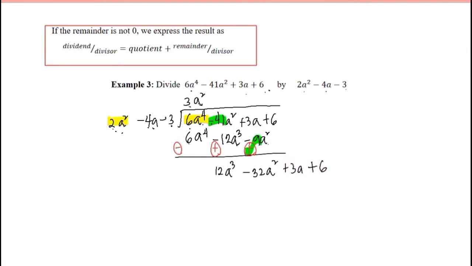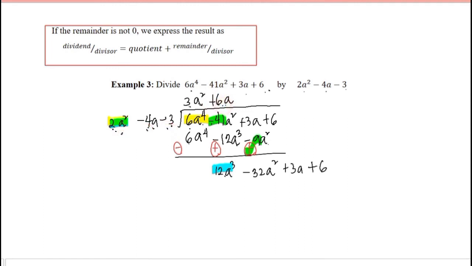Okay, so next, first term divided by first term. And we have here 12a cubed divided by 2a squared. So that's 6a. Then, i-multiply natin itong sagot natin sa tatlong to.